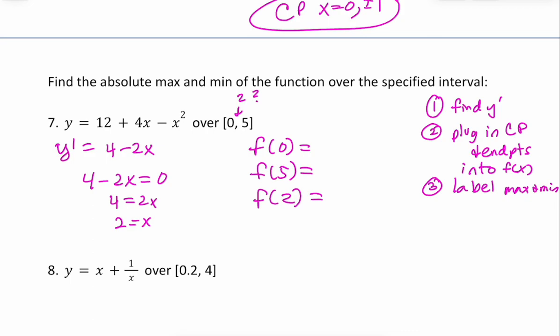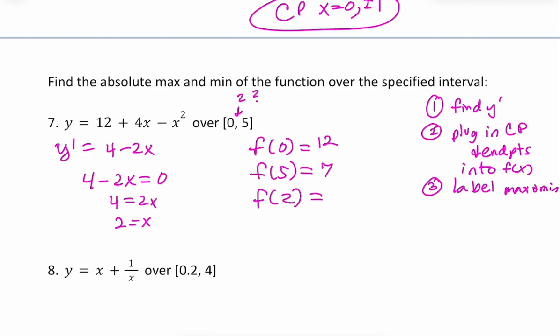You are always looking for the size of it in the original function. So at this point, you'll see I said to plug it into the original f of x. If you plug 0 into the original function, I get 12. Earlier I plugged in 5 and I got 7.